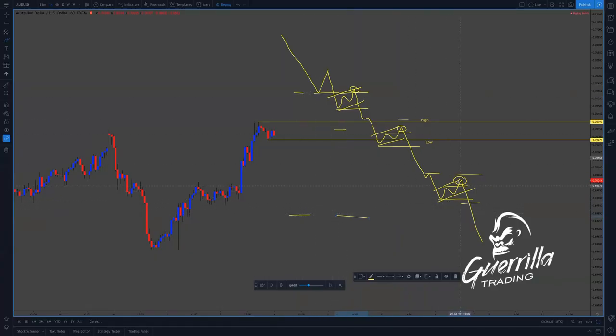Then you've scaled in again here, and you've taken profit here, and this one, for example, might be 2%. So now you've made 11% rather than just 5%, just because you scaled into the position. I hope that clears that up and you can clearly understand why we scale into the trend and why it is so powerful.